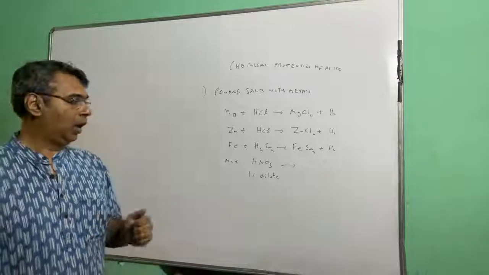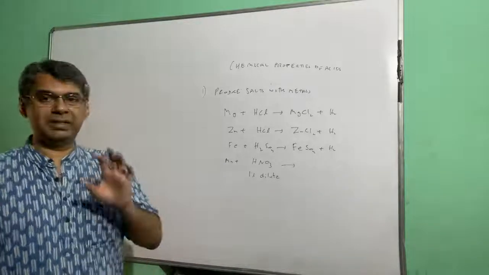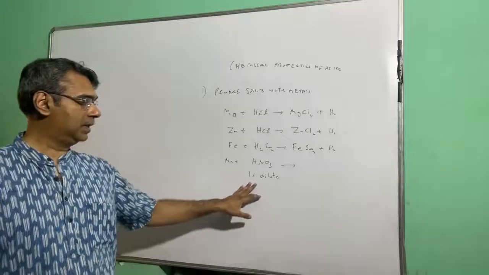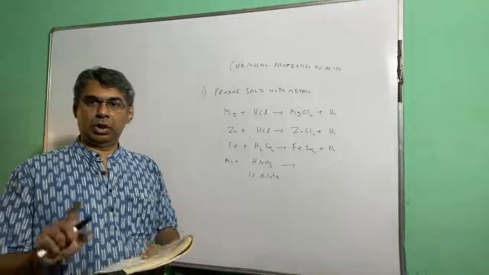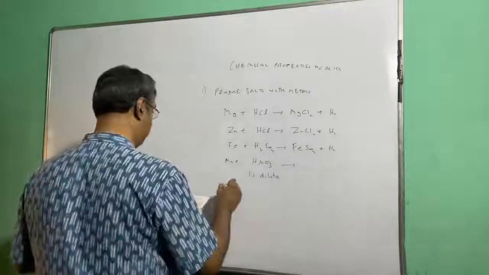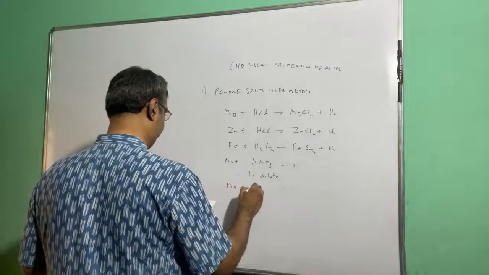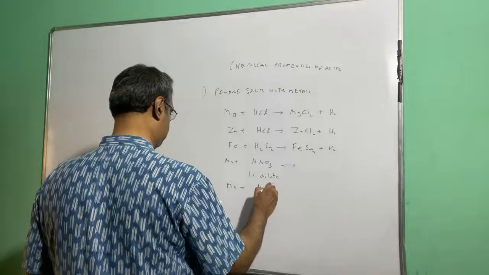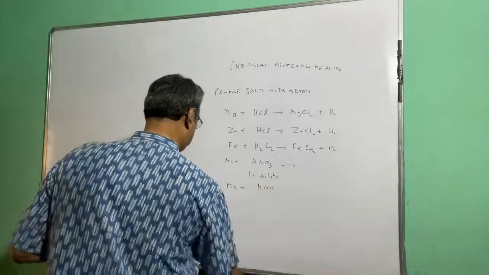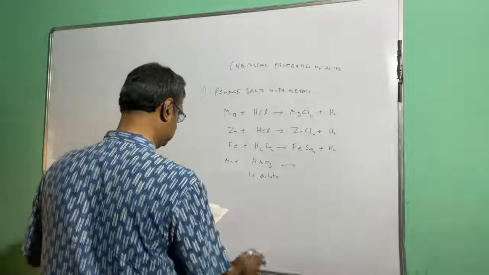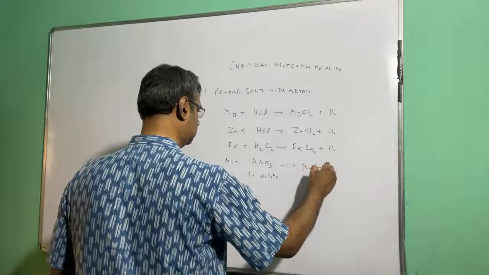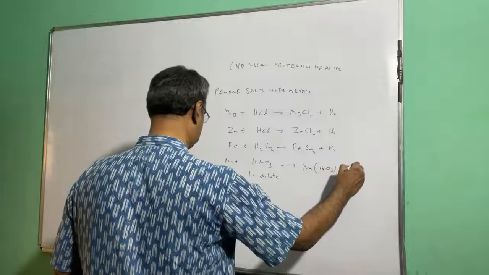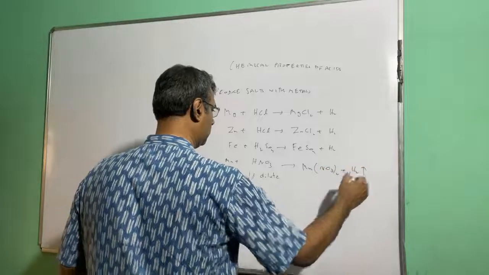It will be the oxidizing nature which will dominate. However, if you take very dilute nitric acid, like 1% dilute, and react it with manganese or magnesium, not any other metal, then you will get the response.